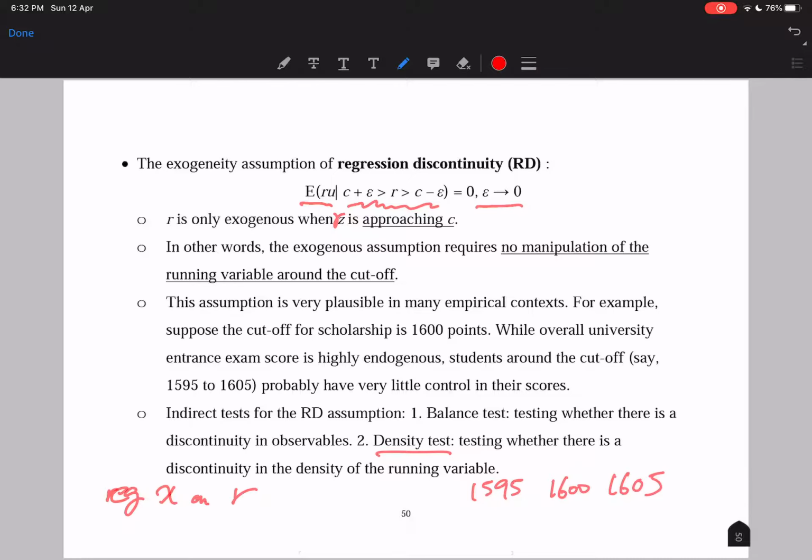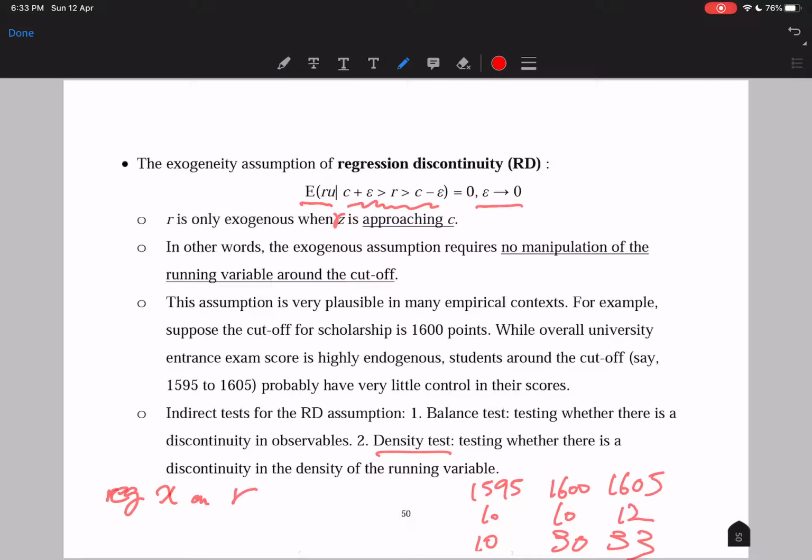We want to see a distribution like 10 people here, 10 people here, maybe 12 people here. So it's very smooth. We don't want to see that below the cutoff there are only 10 people, but above the cutoff there are 30 people, or 33 people. That would be a significant jump in the density of the running variable.